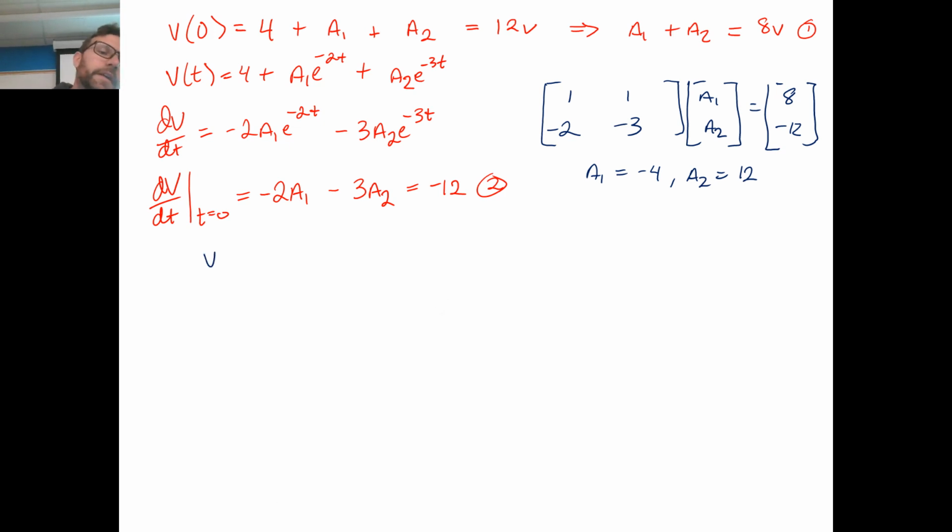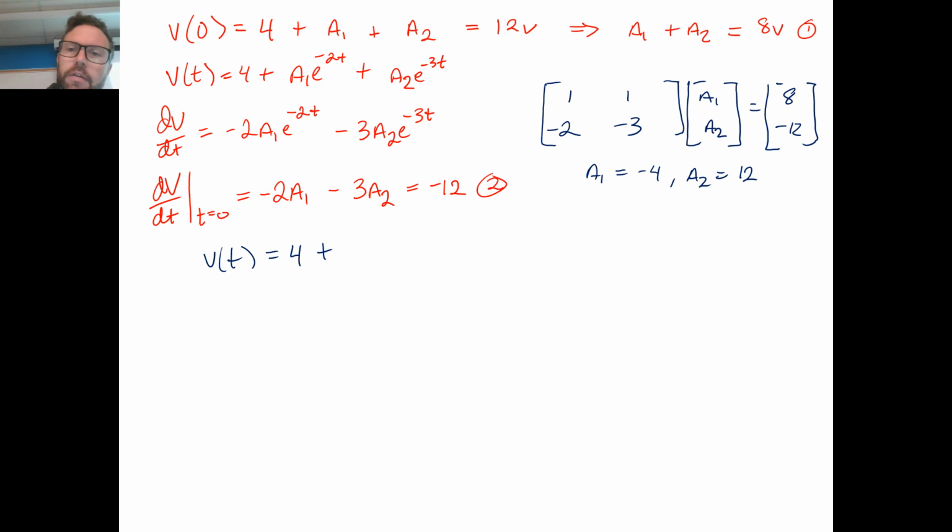So we've finally arrived at the solution for V of t. Again, it's that V steady state, V at infinity, that was 4 volts we found, plus the transient voltage, which we now know is, oh, I'm sorry, I wrote these backwards, my bad.